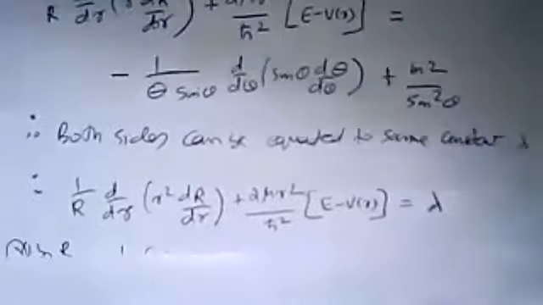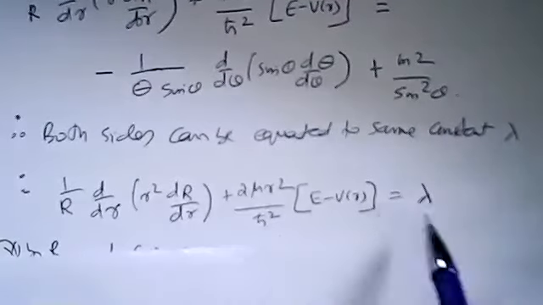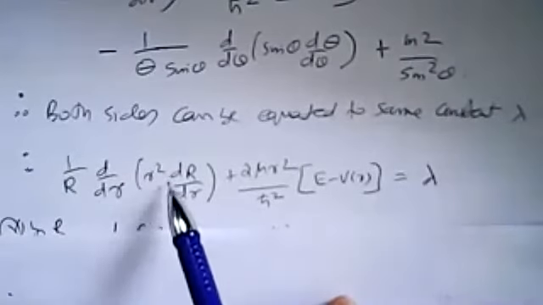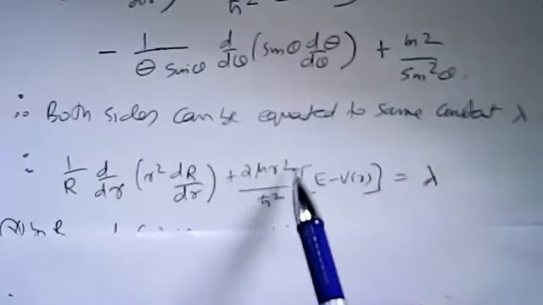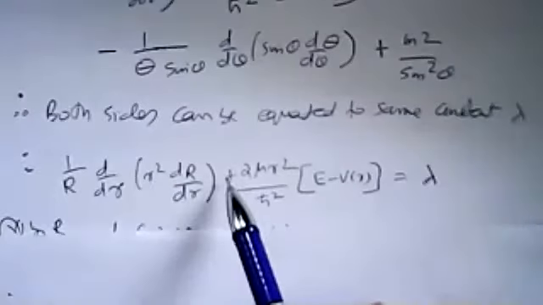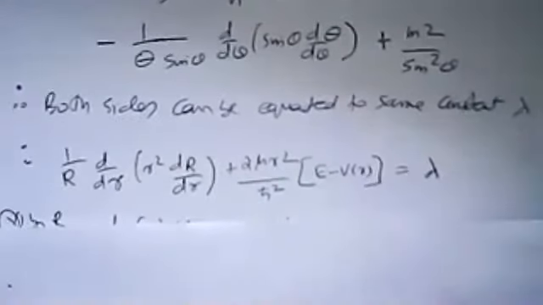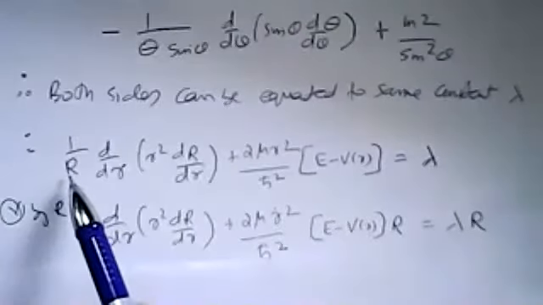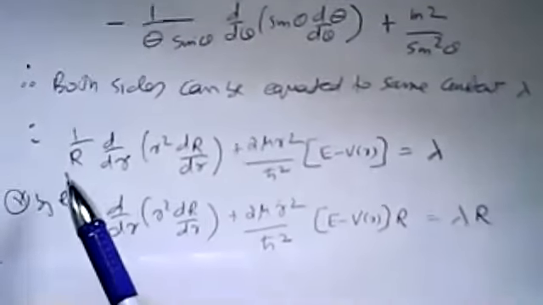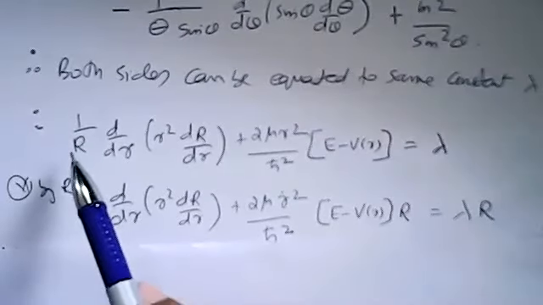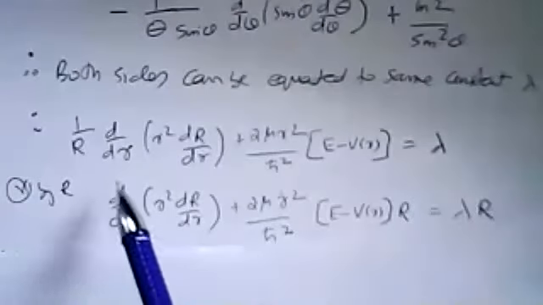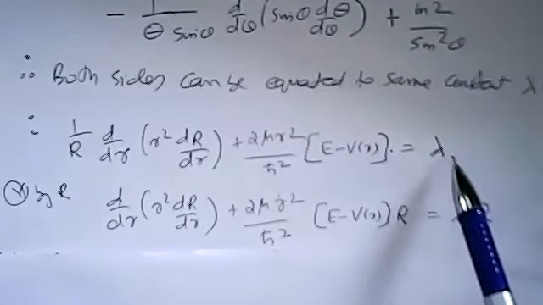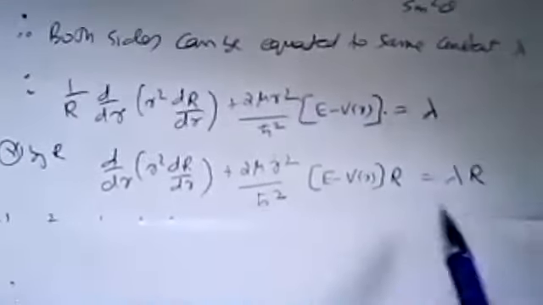So the LHS r term equated to lambda is 1 by r dou by dou r square dR by dr, plus 2 mu r square by h cross square, E minus V of r, equal to lambda. Now this capital R is the radial wave function. Multiply throughout by r, so this r cancels.